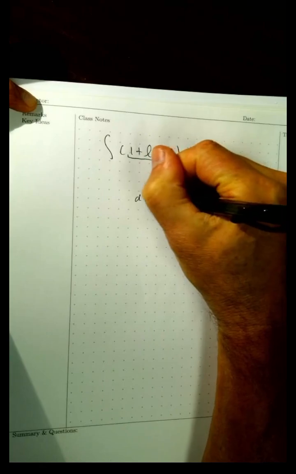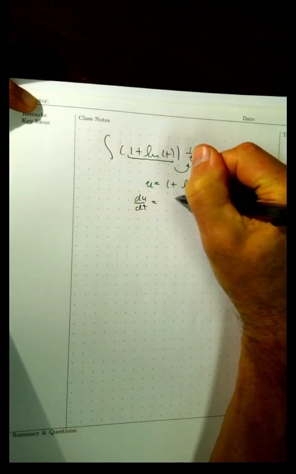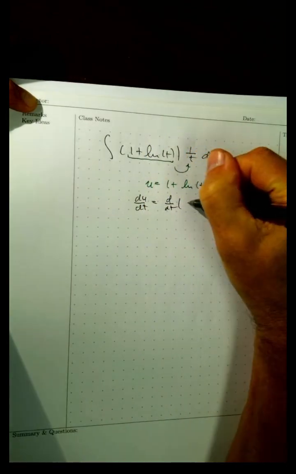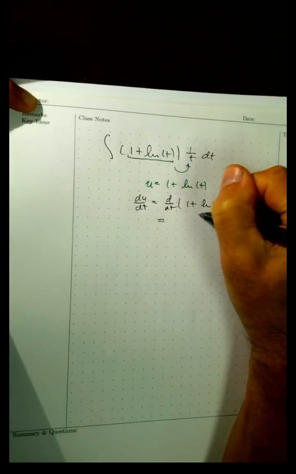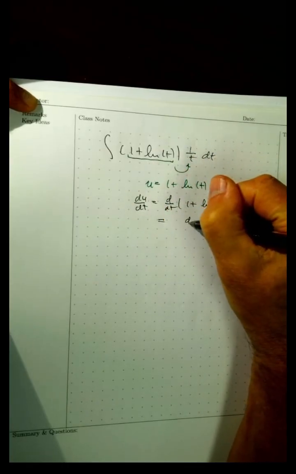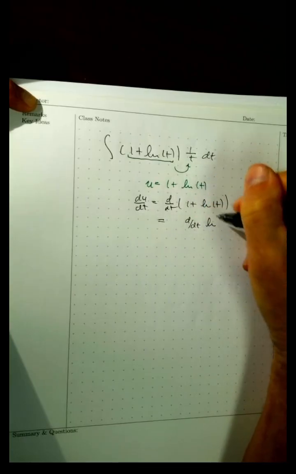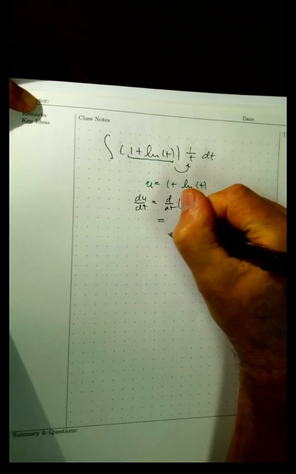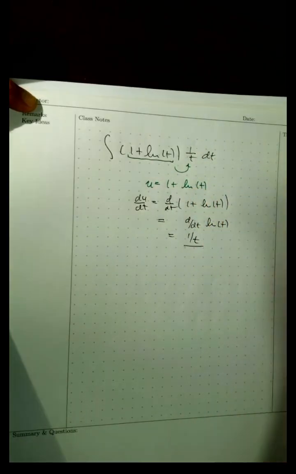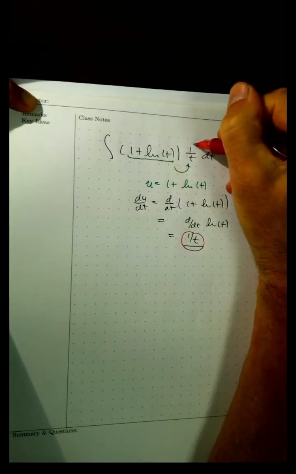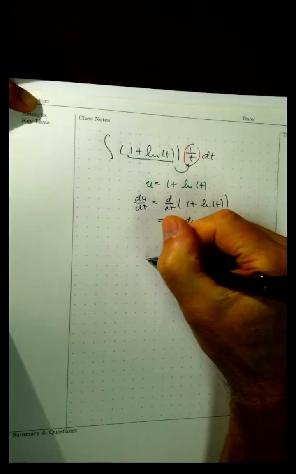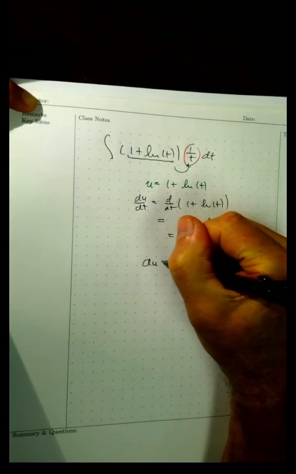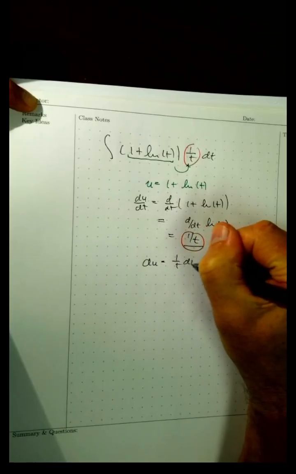And now if I take the derivative of that thing, that becomes the derivative of 1 plus the derivative of log of t, and the derivative of 1 is 0. So I just have 1 over t. And because I can see this thing right there, in terms of the notation, I can think of this as du is 1 over t dt.